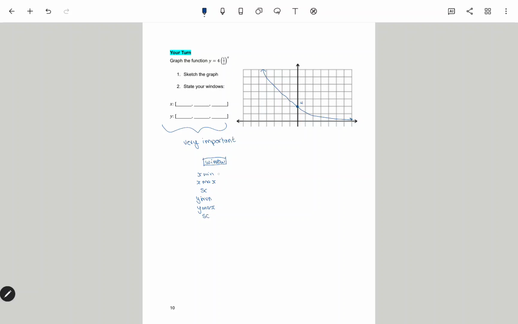So because we reset our window, it should say -10, 10, 1, -10, 10, 1. And that's how we're going to write our values in this form here. So you're just going to say -10, 10, 1, -10, 10, 1.